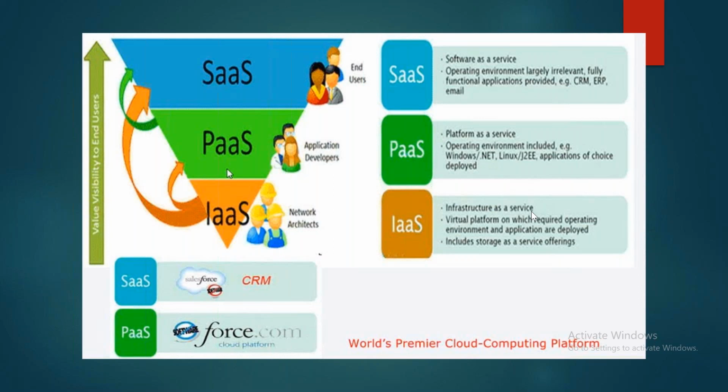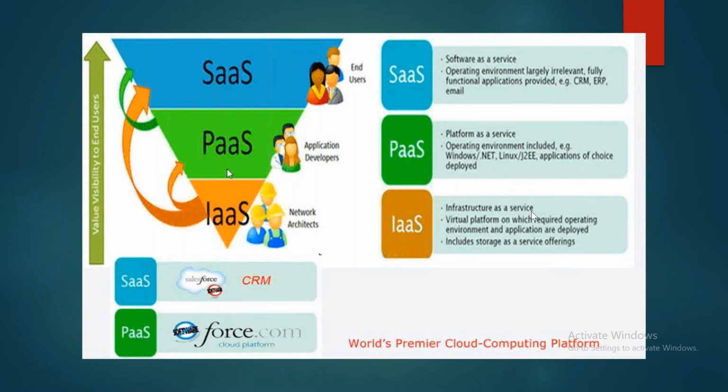These two are the revenue generating software for them. And the other one is the PaaS, which is a platform as a service model, where they have the force.com platform where you can develop your own applications.